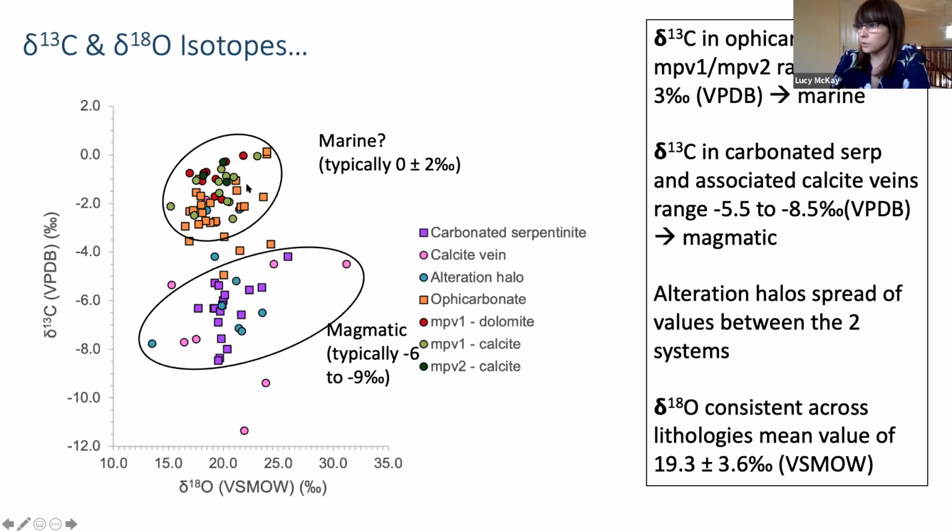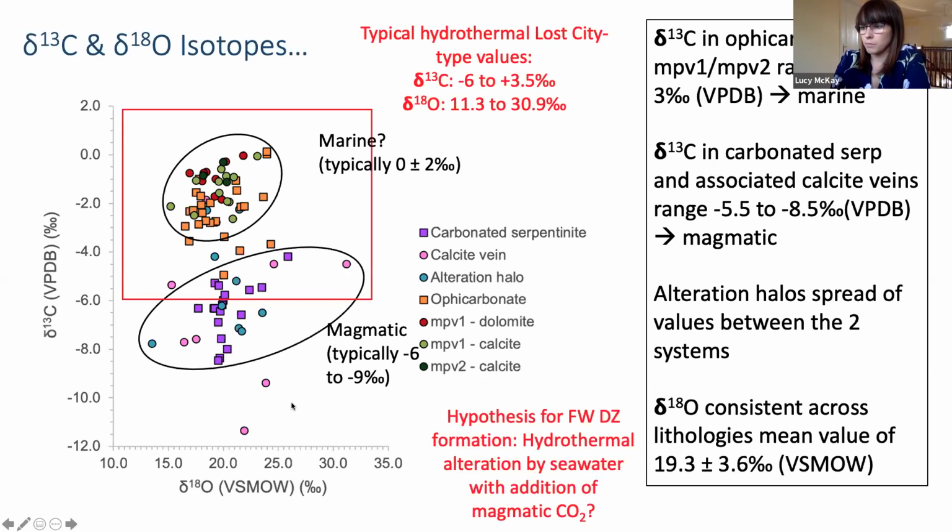The alteration halos, around the fractures, are a mixture between the two. So the hypothesis is that these units of the ophiolite formed by hydrothermal alteration by seawater with addition of magmatic CO2. I could go into a lot more detail about this, but we'll leave it at that for now, because it's just important for the story of how it evolved, which we'll go through at the end.